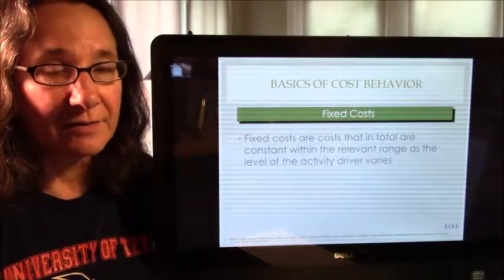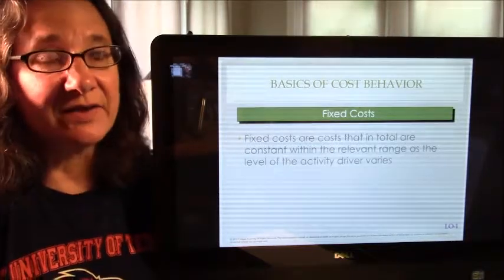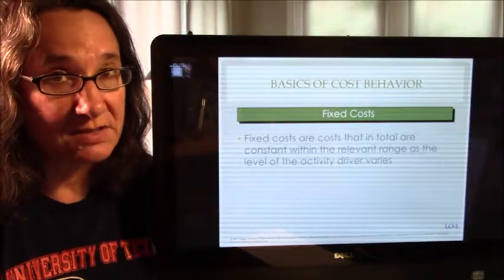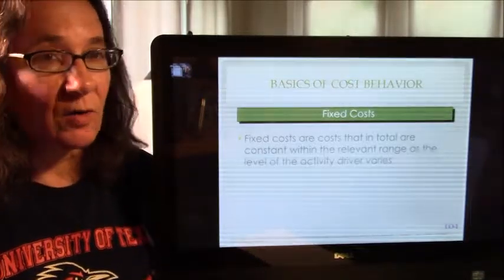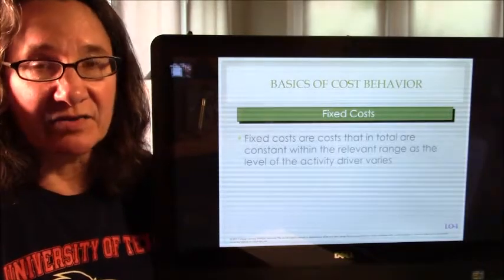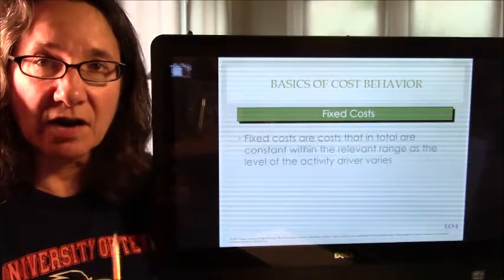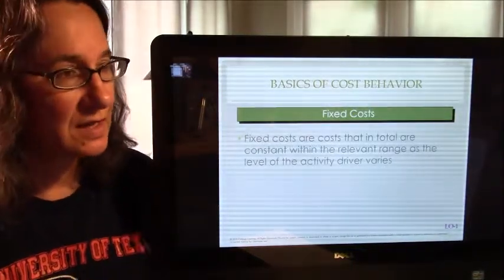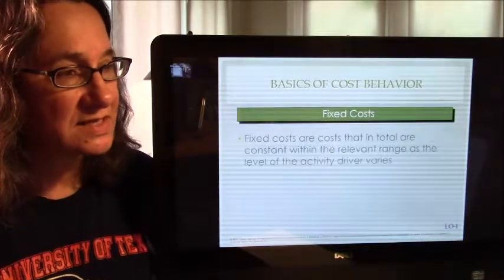We know that our factory at maximum capacity can produce 1,000,000 pencils. So there's no point in doing costs beyond that. Or we know that we're going to have to step up and build a second factory, and that completely changes it, right? So the relevant range is some number that we are producing, and that's relevant to our cost accounting. So fixed costs in total stay constant.